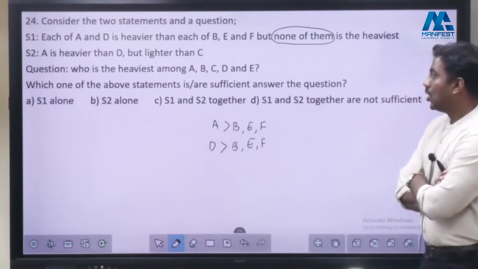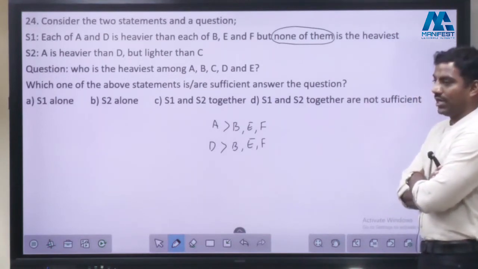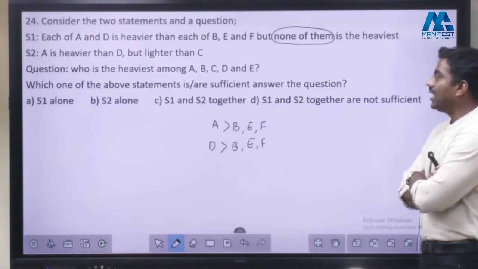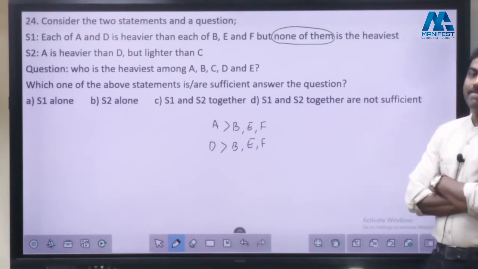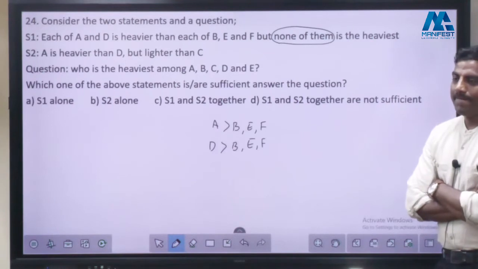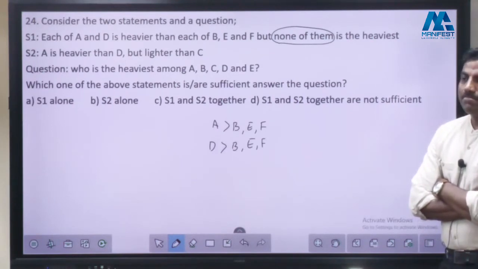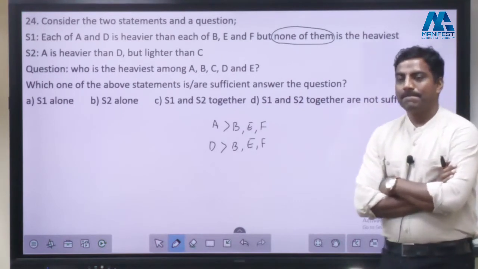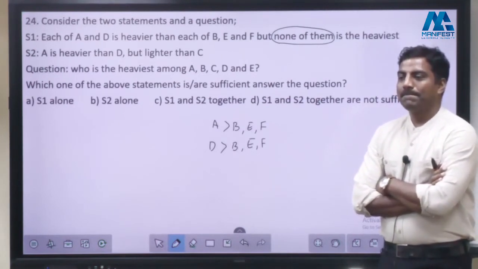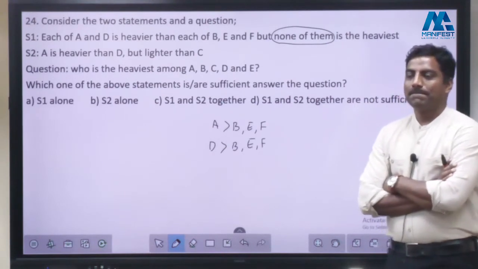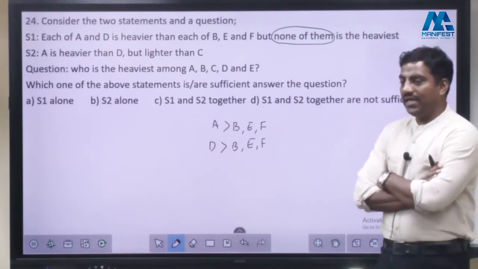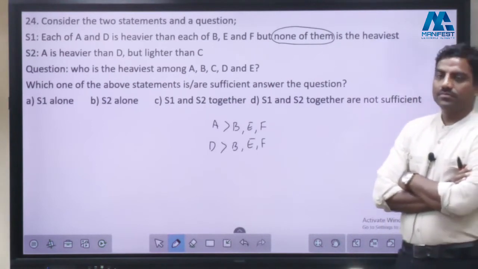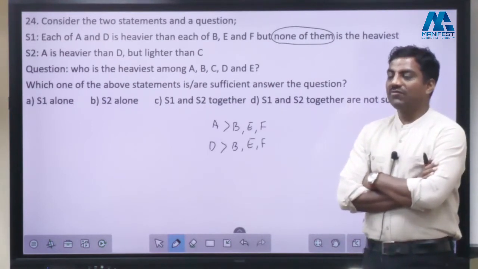Look at the question. Who is the heaviest among A, B, C, D, and E? One of them has to be heaviest.